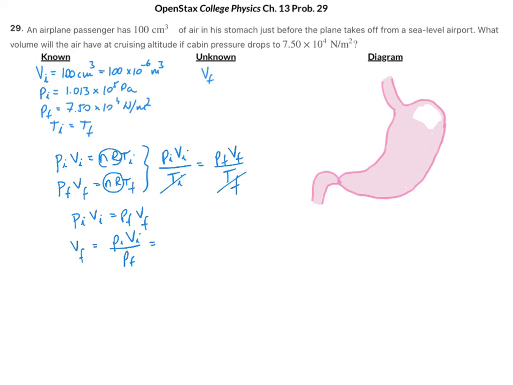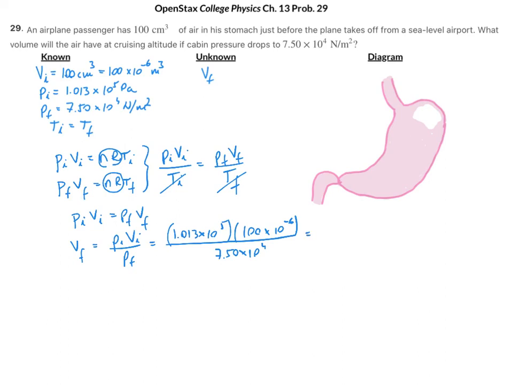So now we put in the numbers. P initial is 1.013 times 10 to the 5th. V initial is 100 times 10 to the negative 6 cubic meters divided by P final, which is 7.5 times 10 to the 4th newtons per meter squared, which are pascals.